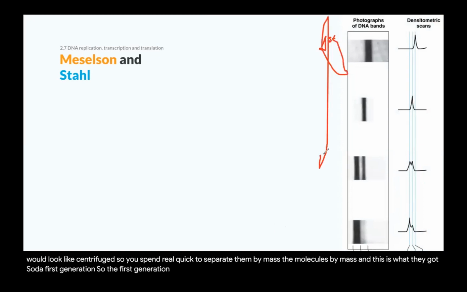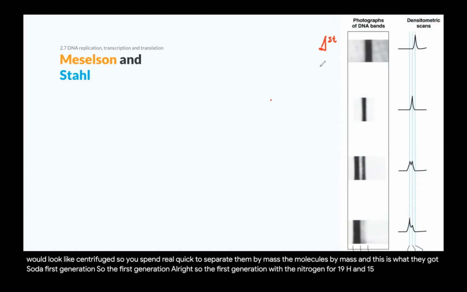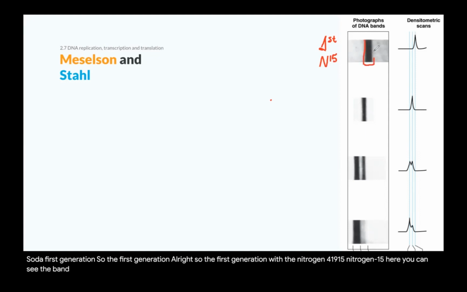The first generation, with the nitrogen 15 here, you can see the band with the DNA, and it has a peak at this line.